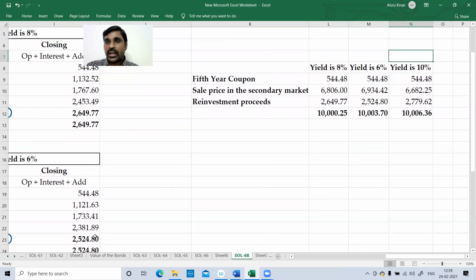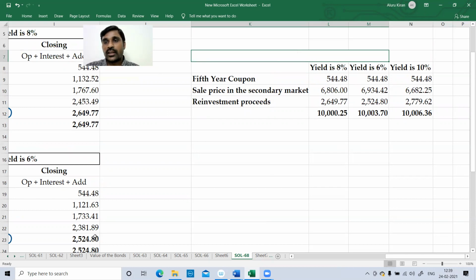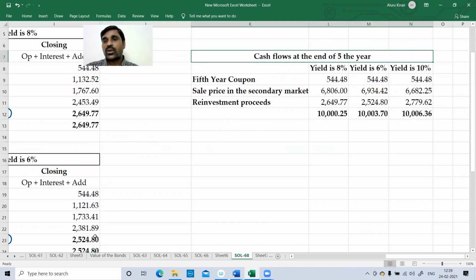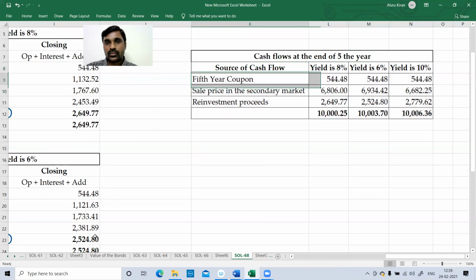So, write out the table one by one. This table is called what? Cash flows at maturity, cash flows at the end of the 5th year. Look at this. Irrespective of what happened in the yield, you are still able to provide your client with this source of cash flow.